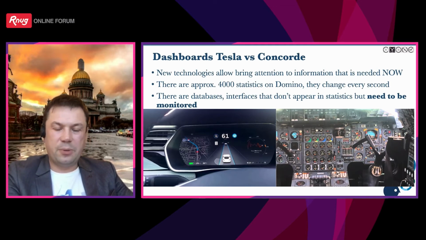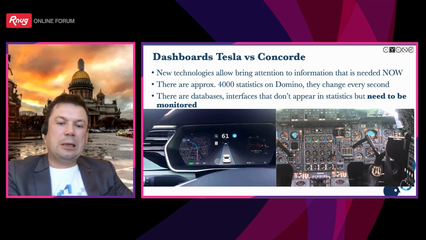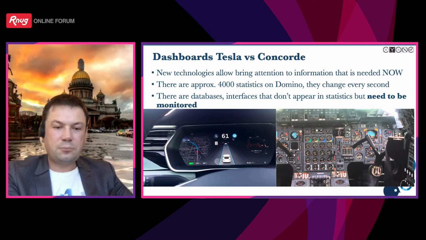To your right, you see a Concorde, and for a Concorde flight, you needed from 6 to 8 pilots, and there are so many graphs, so many data. And to the left, it is a dashboard of a Tesla, and Tesla only gives you what is necessary at this moment.